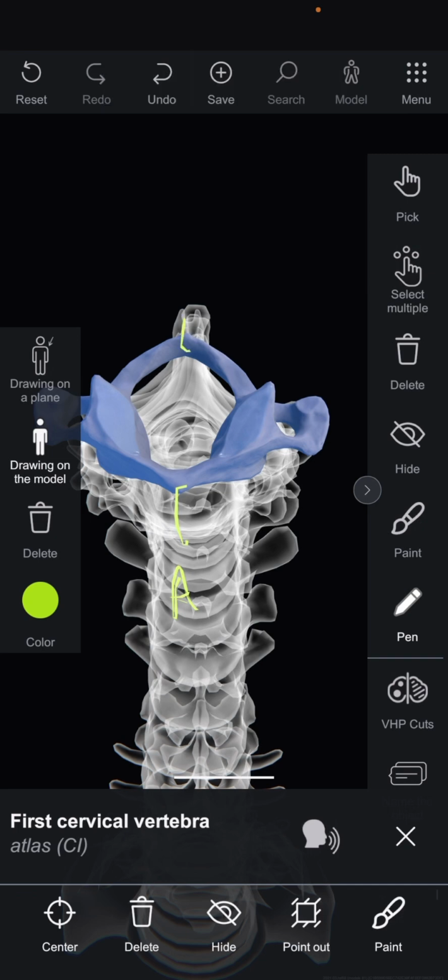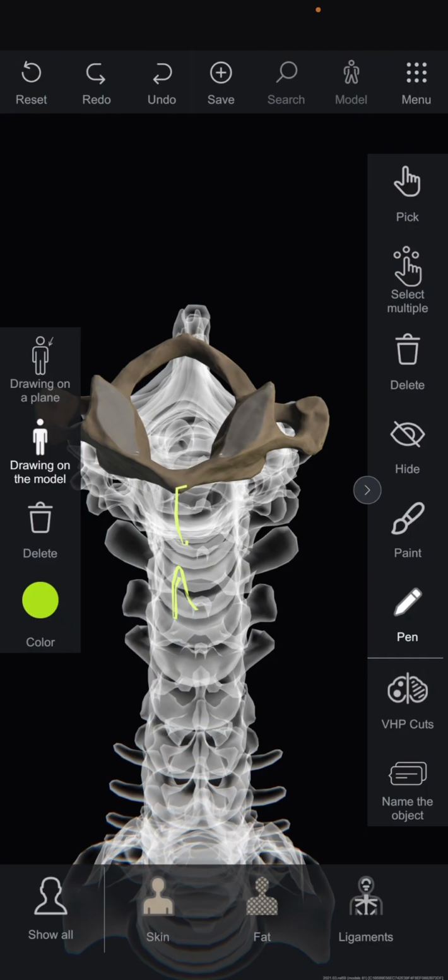Now we have formations. Here we have the anterior tubercle, and here the posterior tubercle, because one is on the anterior side and one on the posterior side.